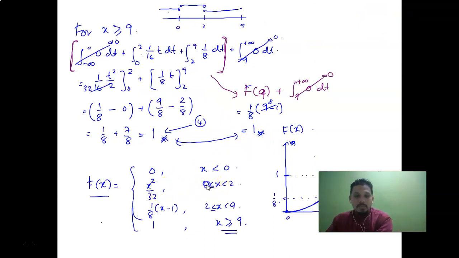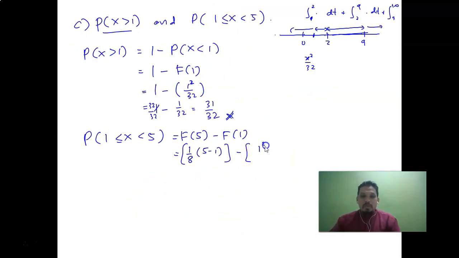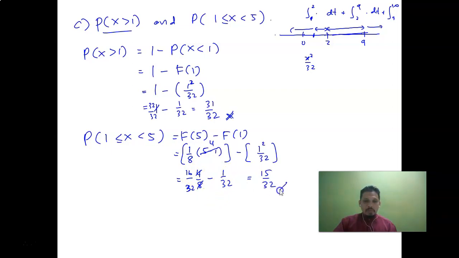F(1), 1 lies in between 0 until 2, and the function is x squared over 32. So 1 squared over 32. 5 minus 1 equal to 4. 4 divided by 8. Okay, 4 over 8 minus 1 over 32. Make this a common denominator: 8 multiplied with 4 equal to 32. So 4 times 4 equal to 16. 16 minus 1 equal to 15 over 32.